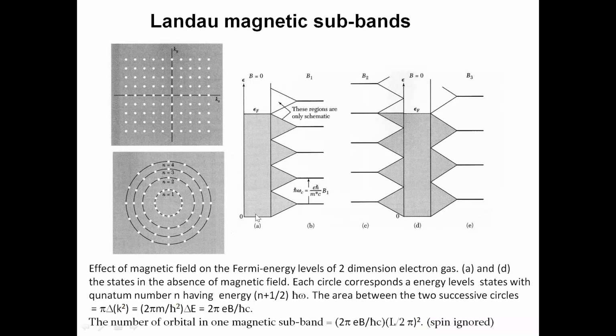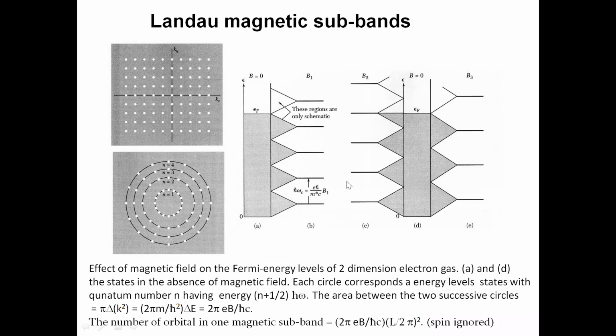You see, for free electron gas we have the energy states, all allowed, and up to the Fermi level all states are filled, and above that all states are empty. In presence of a magnetic field, the continuous energy levels change to discrete levels, and the energy difference between these levels is directly proportional to B. So here not all k are allowed, which means not all energy states are allowed. Only certain k values are allowed.